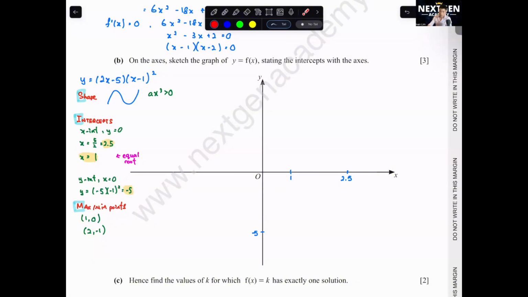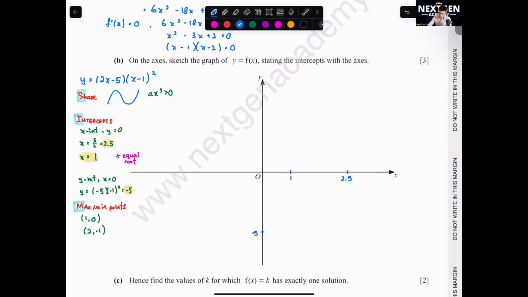Then our graph is like this. Going up, going down, and going up. So sad face, then happy face. These two are your turning points, right? (1, 0) and (2, -1). Try your best to draw as accurately as possible. (2, -1) should be nearer to the 2.5, but they're not so particular about this.